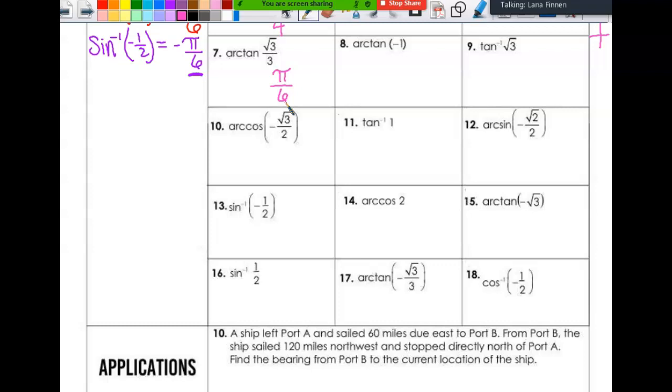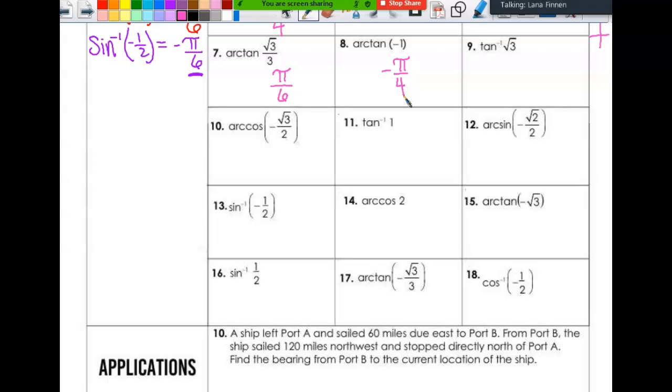All right, so then arctangent of negative 1. So tangent, when is tangent positive 1? At what angle? Pi fourths. Okay, so it's positive 1 at pi fourths. This is negative 1 in its tangent, so that means it's just negative pi fourths. Okay?